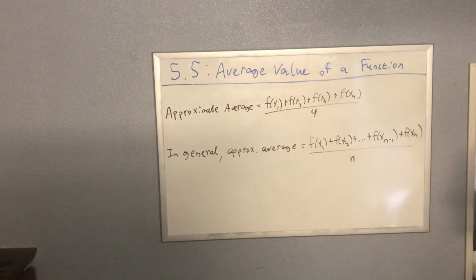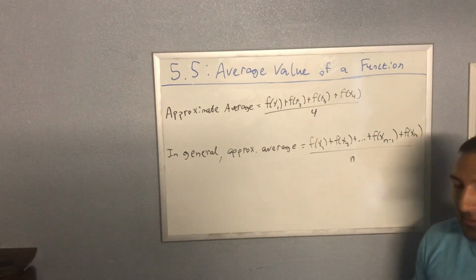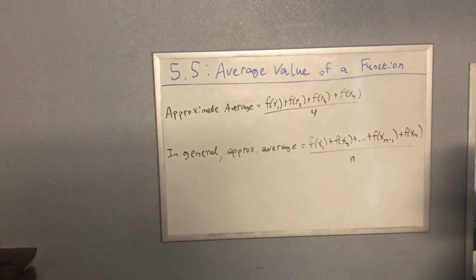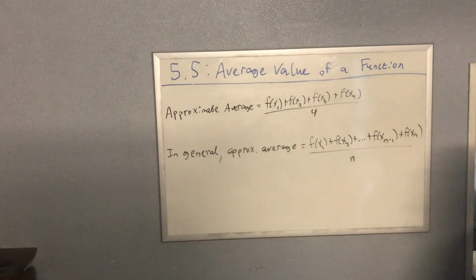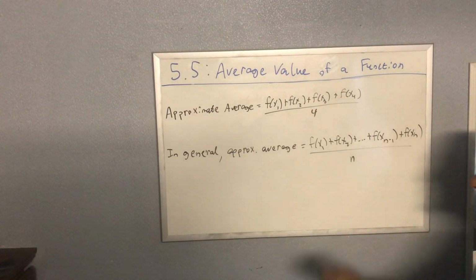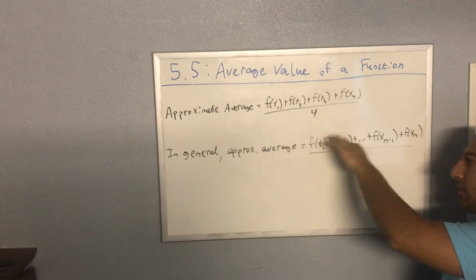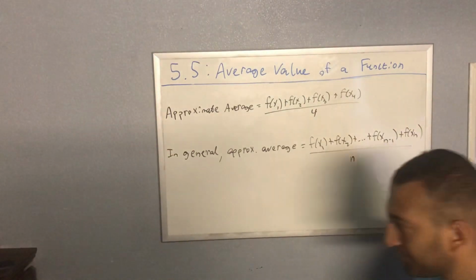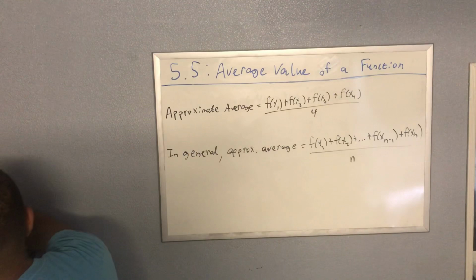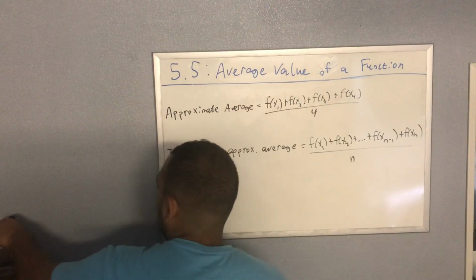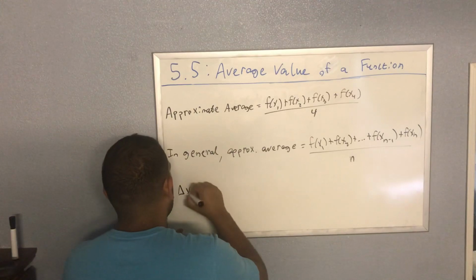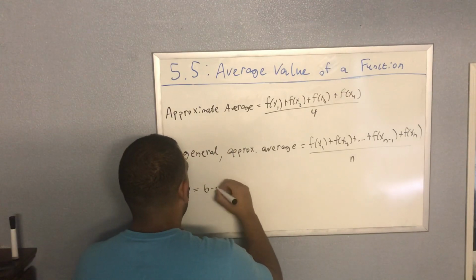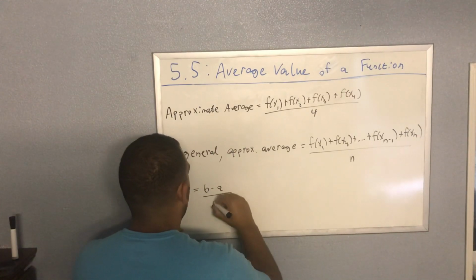Okay? Now this is probably making you think of some stuff, like, hey, this idea sounds really familiar. And yes, it's the kind of stuff that we did with the Riemann sums, where we picked sample points and then we looked at the outputs. And so, going back to that whole Riemann sum business, remember that delta x was equal to b minus a all over n, right?